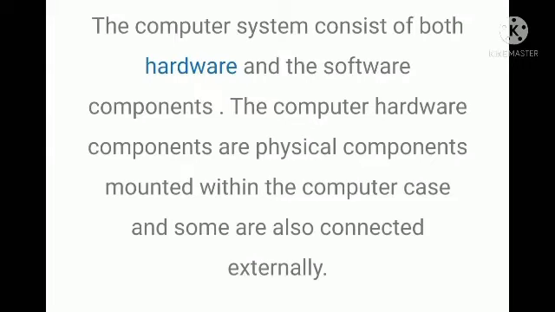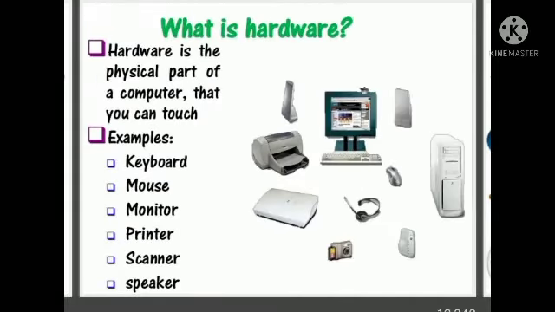Some of the hardware components are present inside the system, some are externally connected. So the physical components are termed as hardware components. The hardware components are a physical part of a computer that you can touch. Here are some of the examples: keyboard, mouse, monitor, printer, scanner, speaker, CPU, etc. These are all examples of the hardware components because they are the physical components of a computer system.